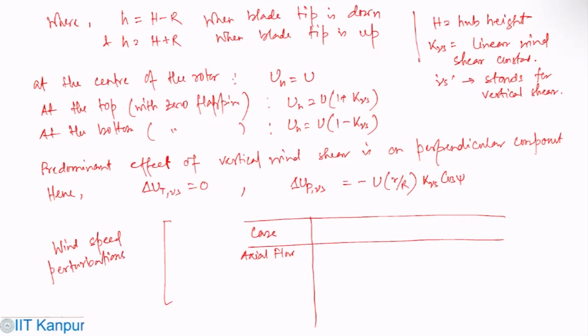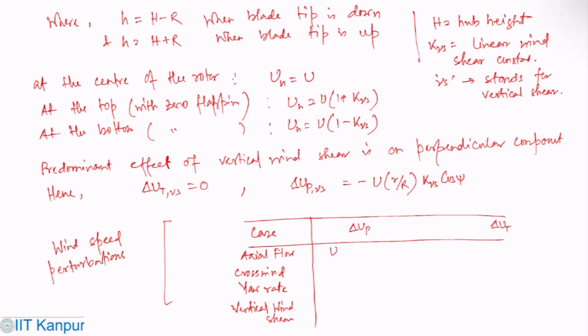So there could be axial flow, crosswind, yaw rate, vertical wind shear. So this is delta UP, this is delta UT.